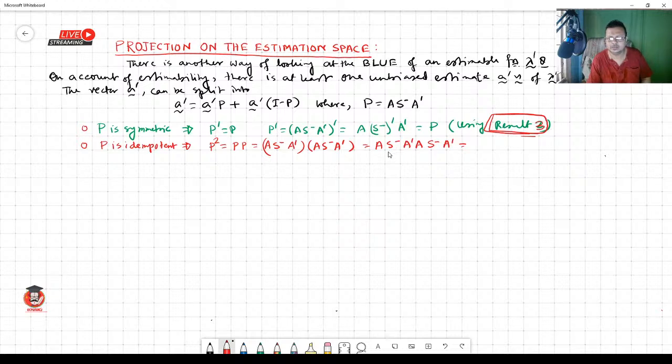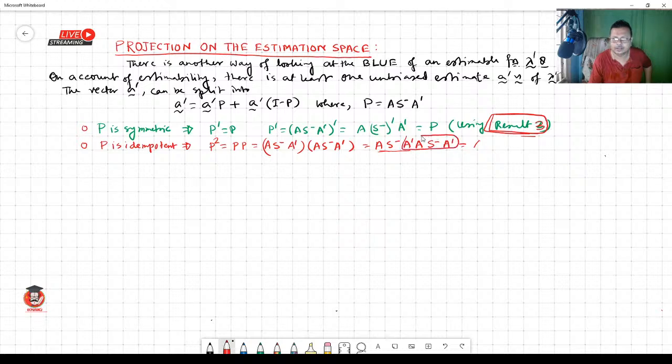So T square, and see that A prime A. I recall one result for this, and that is this portion.